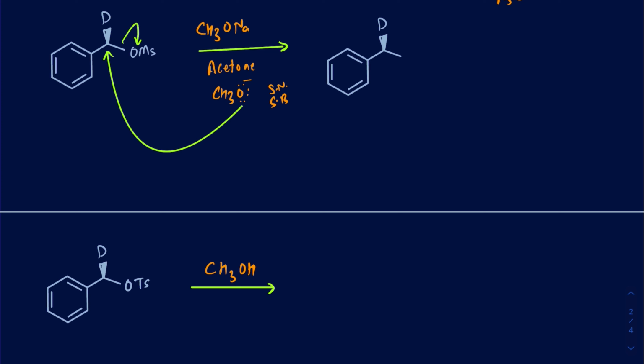And this right here is going to be a new bond that's going to be made, and we're going to have the OCH3 there. Along with that, we will have this OMs, your good leaving group, hanging out, accompanied by this Na+.